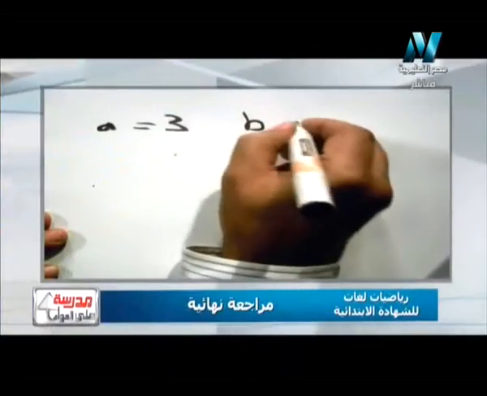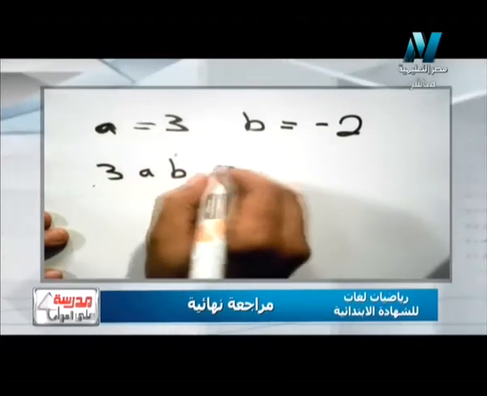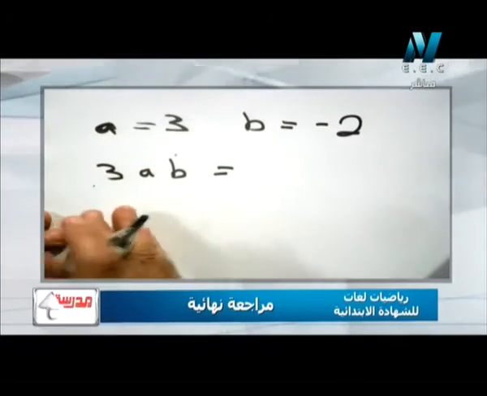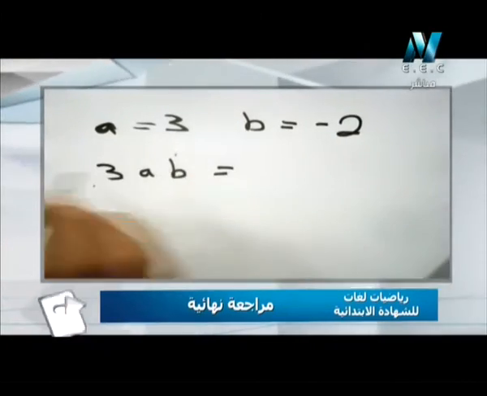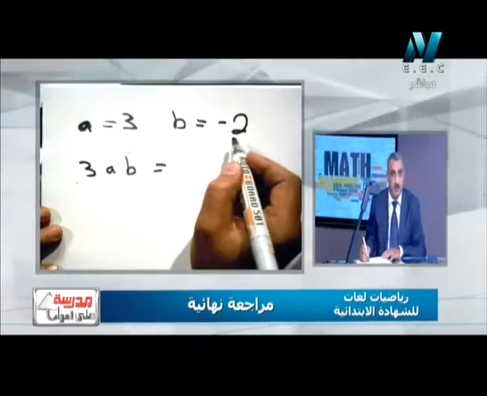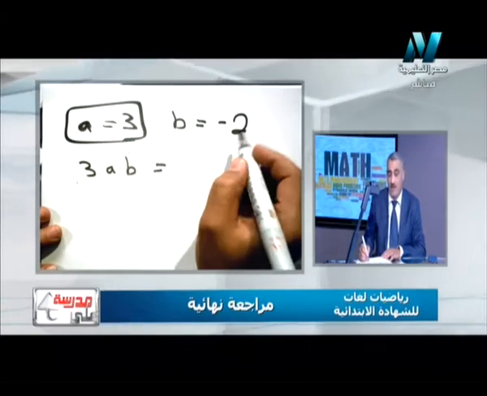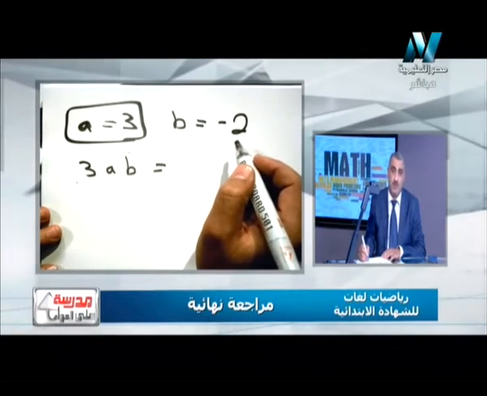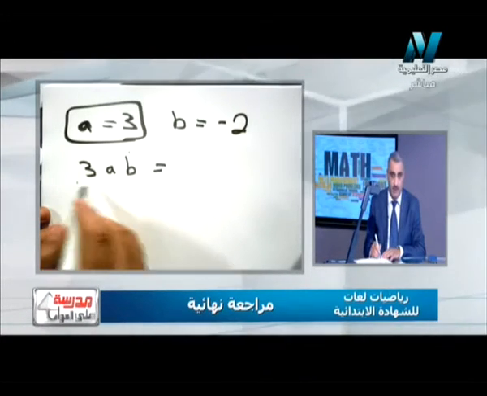If A equals 3 and B equals negative 2, then 3AB equals what? So easy. 3 times A times B. Just substitute the value of A and the value of B in this expression.